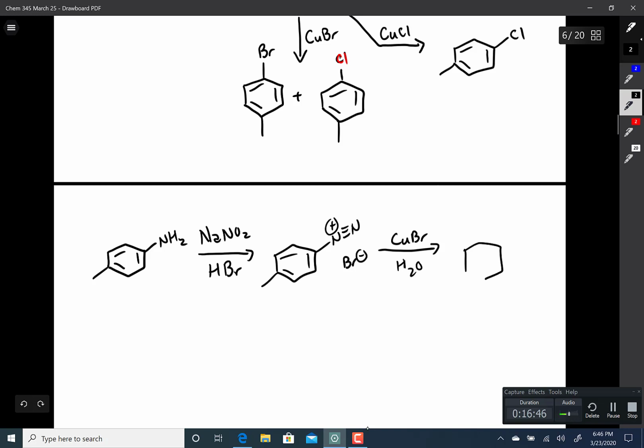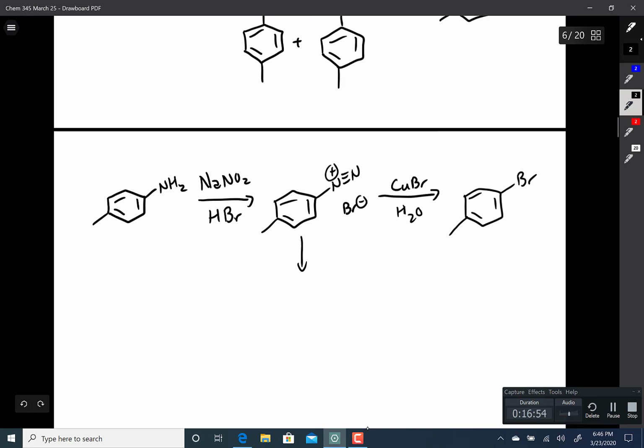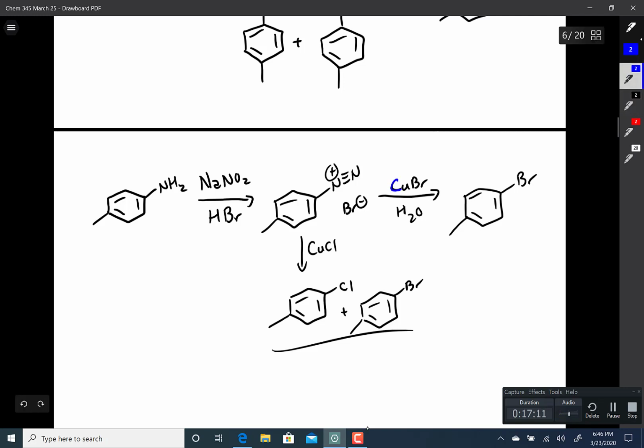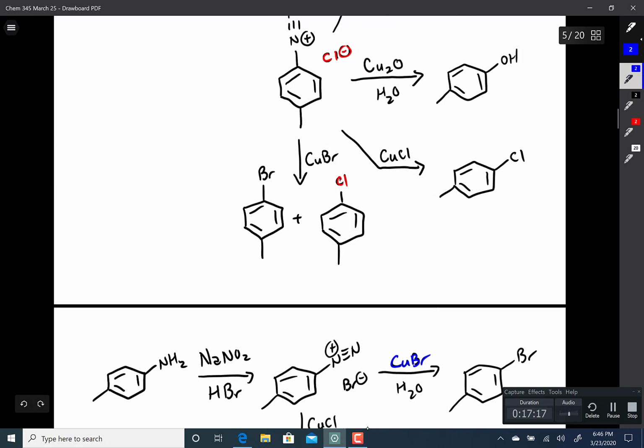If you don't include the water, that's fine. But of course, if you use this in copper chloride, you end up getting a mixture of the two again. So you really have to be careful when you're using copper bromide or copper chloride when you're replacing the diazonium.